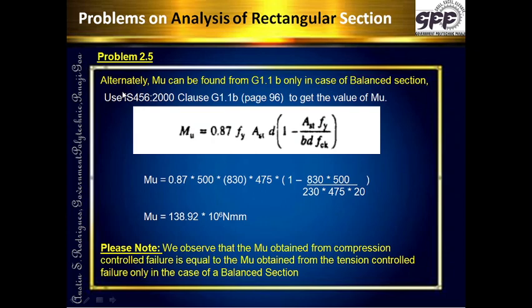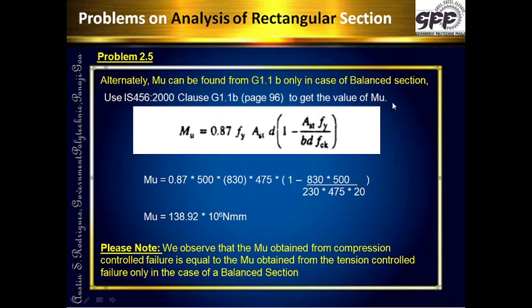Now alternately, Mu can be found from G-1.1b only in case of a balanced section. In the case of a balanced section, the value of Mu also can be found out from G-1.1b. Let us have a look at that. Use IS 456 2000, G-1.1b, page 96 to get the value of Mu.